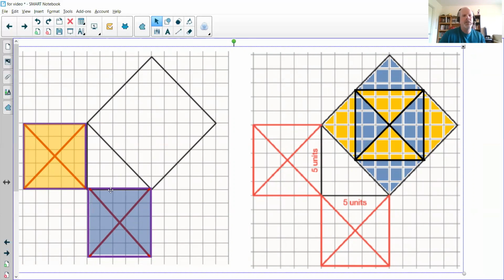So that tells us that this side squared plus this side squared equals this side squared. It's just a graphical representation of a squared plus b squared equals c squared.